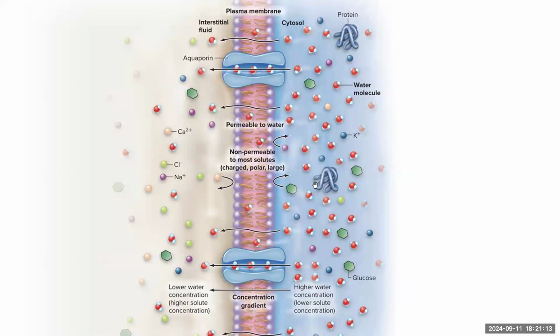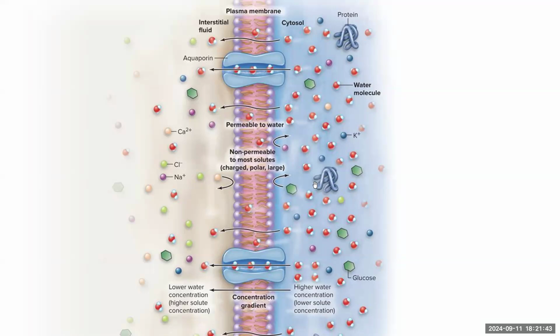This is the inside of the cell, the cytosol, also known as the intracellular fluid. You can see we have our plasma membrane, the phospholipid bilayer, and then some transport proteins that we've inserted into the plasma membrane here. The water molecule is going to be designated by these red balls with what look like light blue bumps on them.